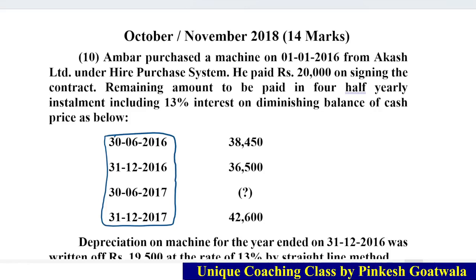So let's start. First of all, let's write the down payment. Down payment is 20,000. So if we start our statement, first of all, when it was purchased: 1/1/2016.